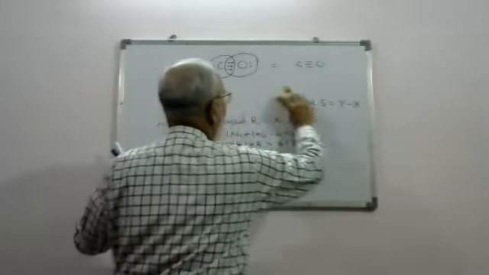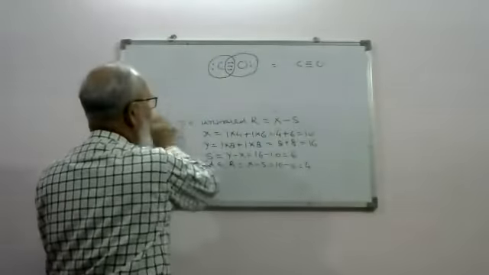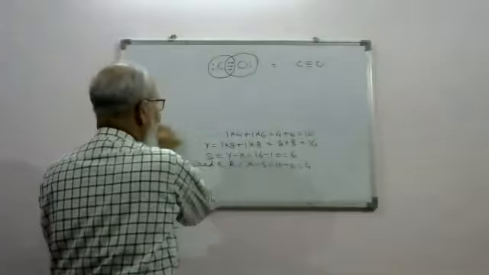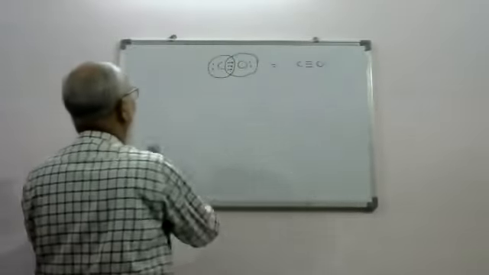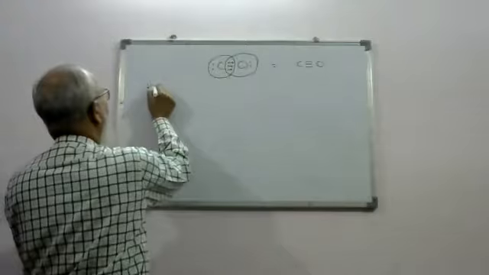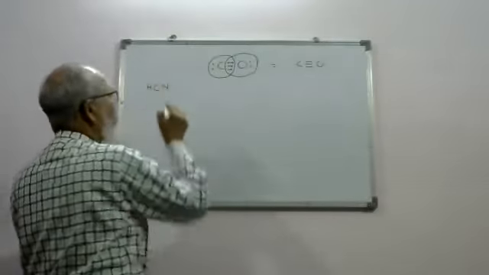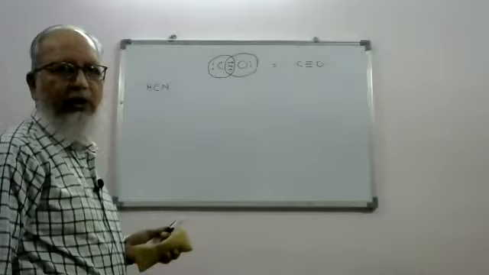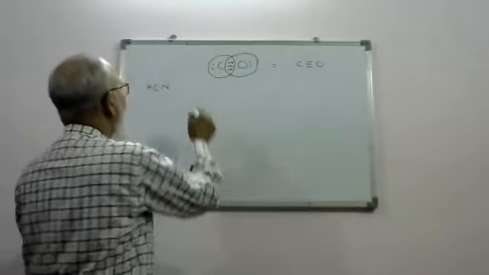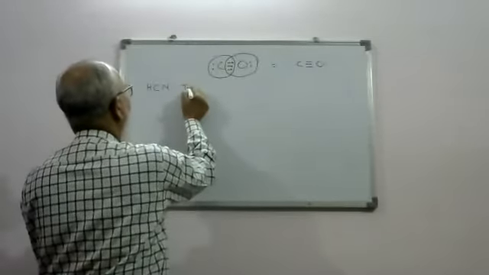Now take another example. Suppose it is hydrogen cyanide. Then first we shall find the total number of valence electrons.